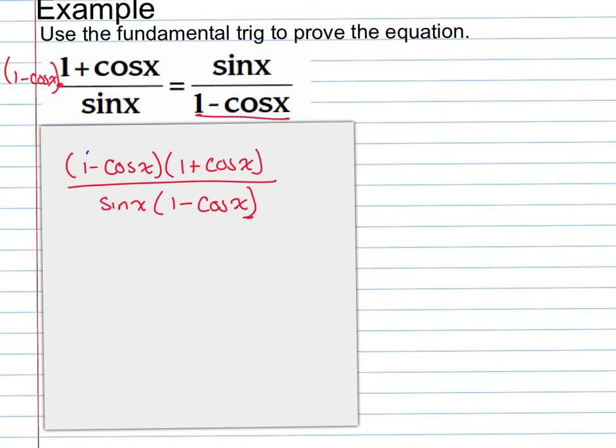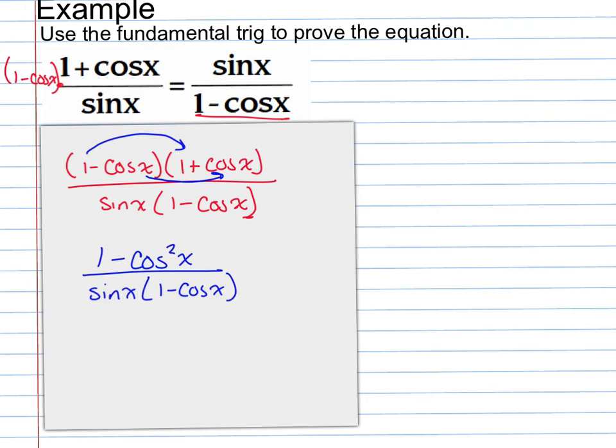Since it's a conjugate, we multiply the first times the first, the last times the last, because the middle terms will cancel. We're going to have 1 minus cosine squared of x all over sine of x times 1 minus cosine of x.